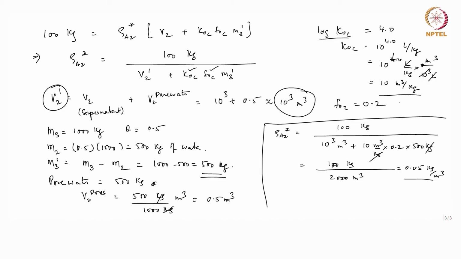Yeah. Now you have a concentration of 0.05 kilograms per meter cube. The problem is done. Now you have to check one thing: 0.05 kilograms per meter cube multiplied by 10 raised to 6 milligrams per kilogram into 10 raised to 3 liters per meter cube.